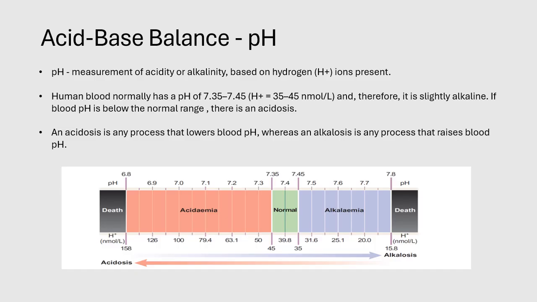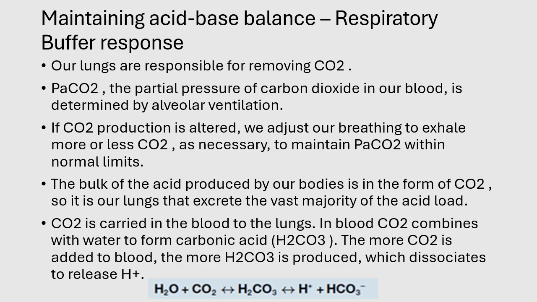The body, therefore, aims to buffer the levels of hydrogen ions and return them within the normal range by using several mechanisms. One of the methods for maintaining acid-base balance is through respiration. As mentioned previously, our lungs are responsible for removing carbon dioxide by adjusting alveolar ventilation.